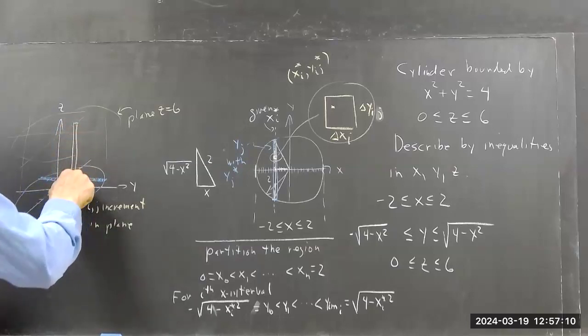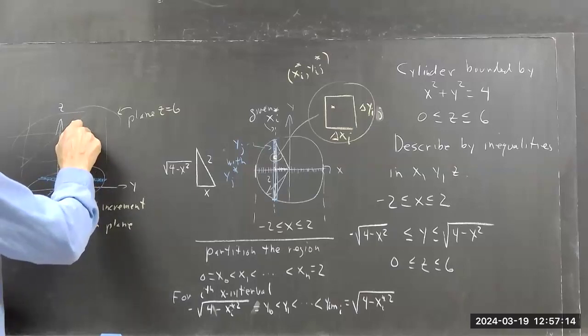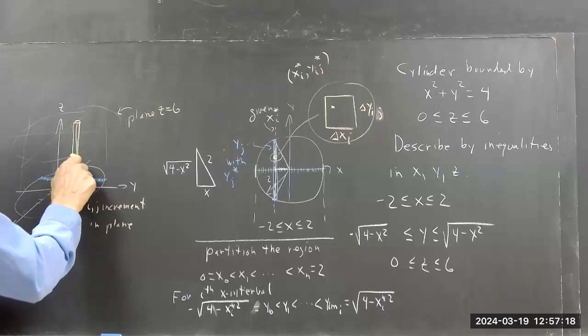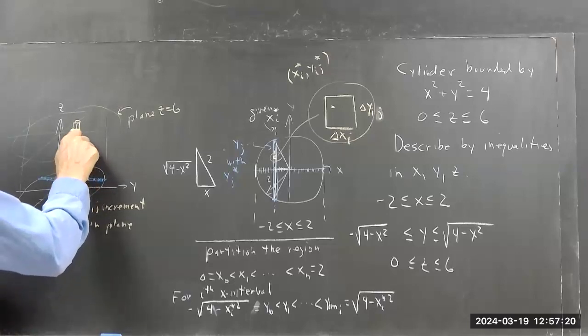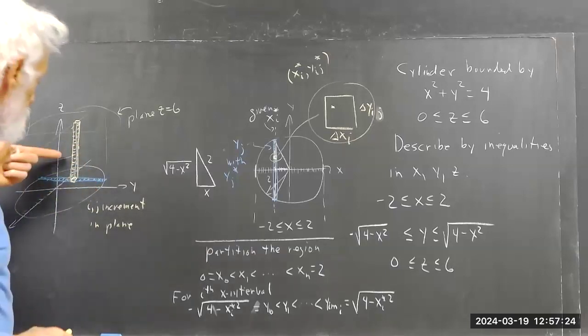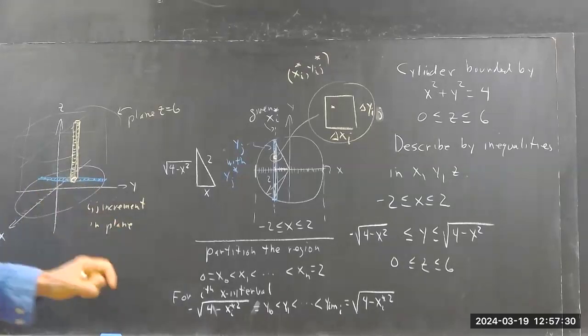And I'm not calling this a whole lot of precision anymore. Never was. But now we've got the IJ stack of z increments. That makes sense?